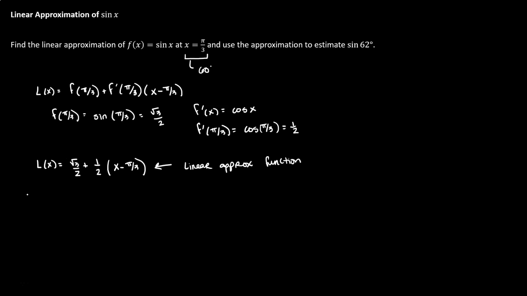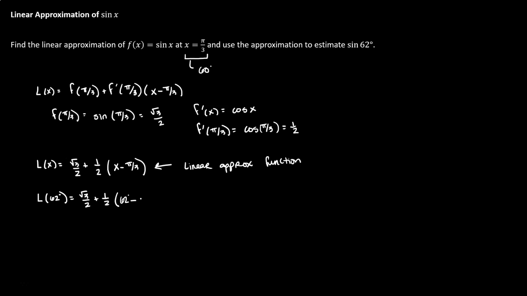And we're going to use that to evaluate the linear function at 62 degrees. So we'll have root 3 over 2 plus 1/2 times x minus, whoops, not x, we're plugging in 62 degrees for x. And I had pi over 3, but I'm going to write this in the degree measurement since we have radians and degrees, and I'd like to keep them all the same.